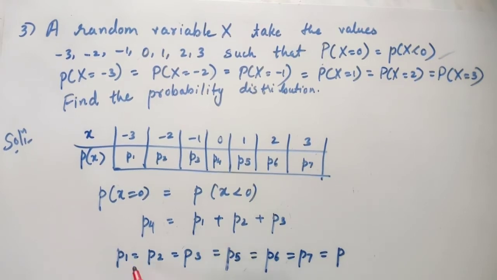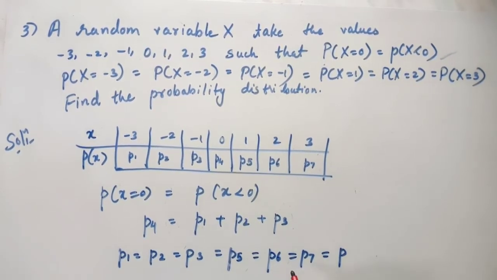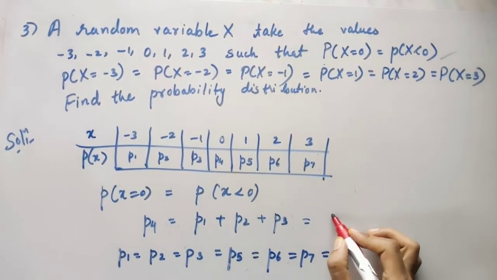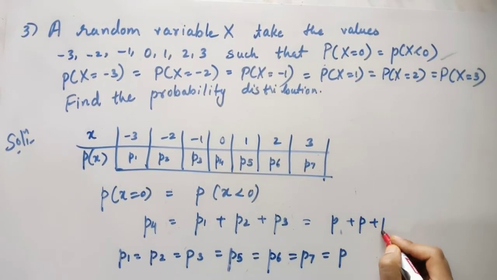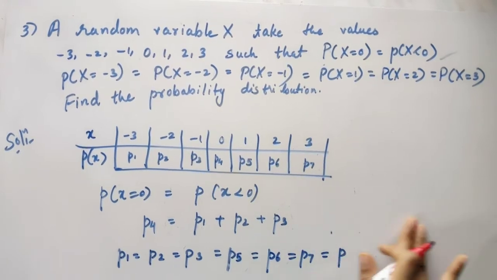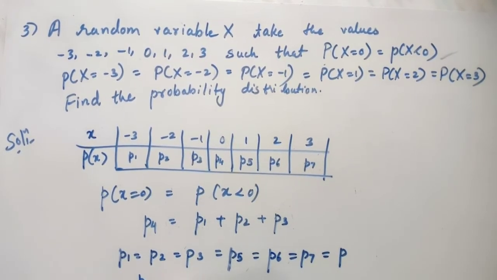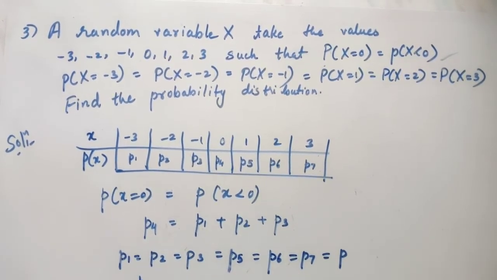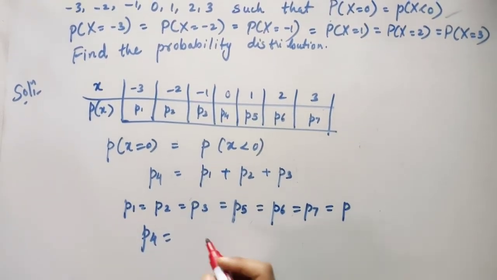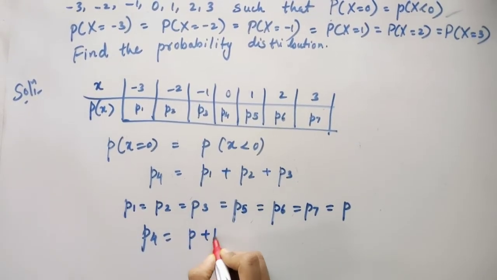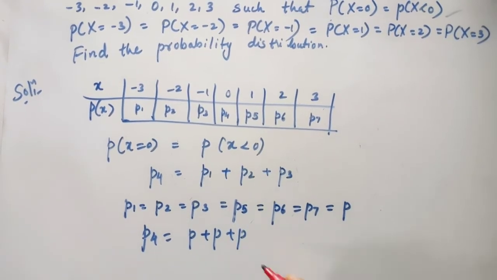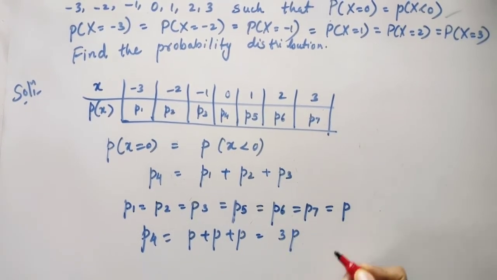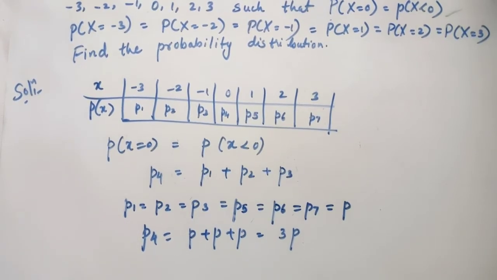Since p1 is equal to p2 is equal to p3, each equals p. So p4 turns out to be p plus p plus p, that is 3p. So p4 is 3p.